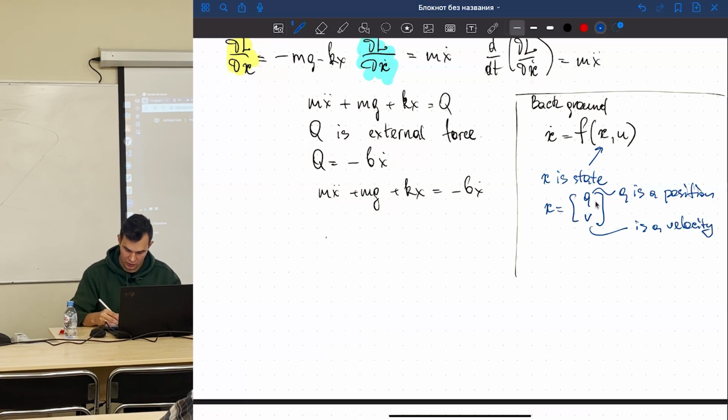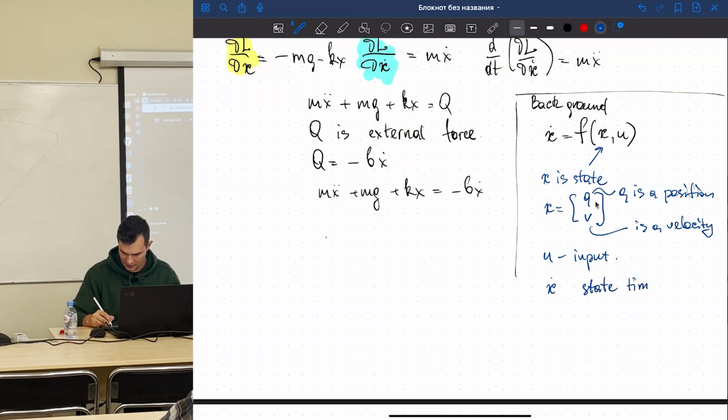What will be the u? It's your control input. And x dot is the state time derivative.